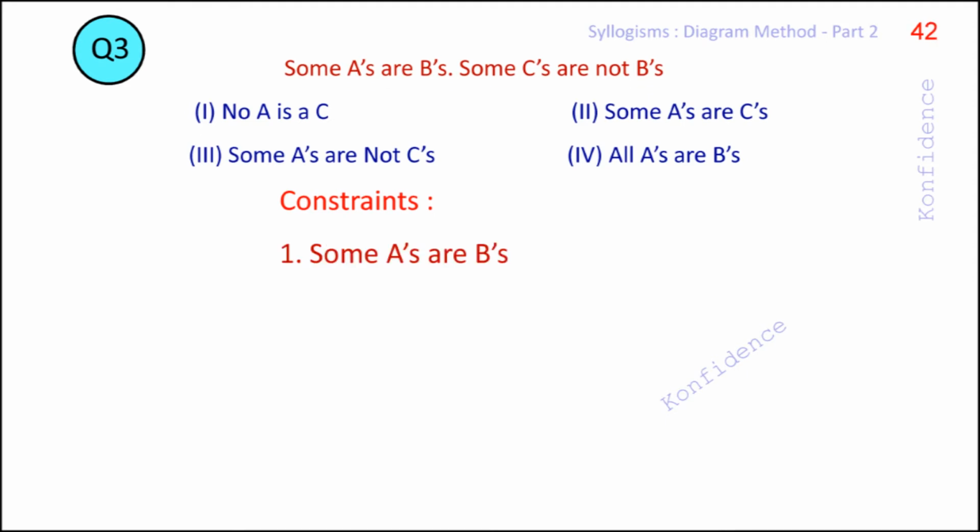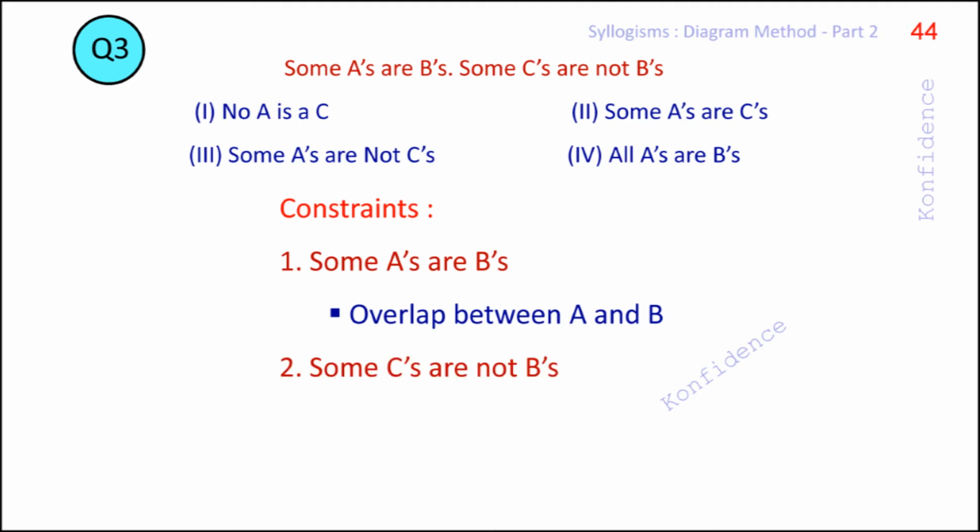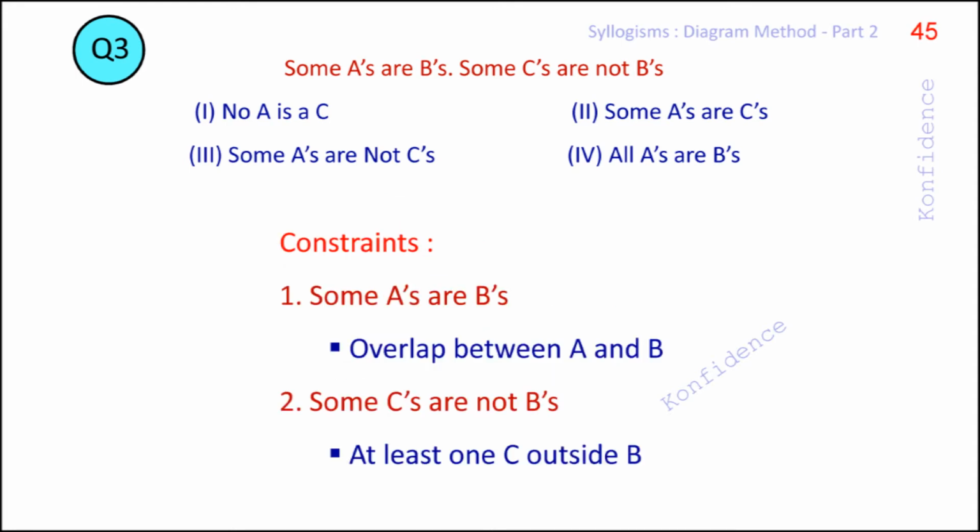Since the first premise is some A's are B's, there should be an overlap between A and B in all the diagrams. Since the second premise is some C's are not B's, there should be at least one C outside B. Within these constraints, we can move the diagrams around as per our whims and fancies.